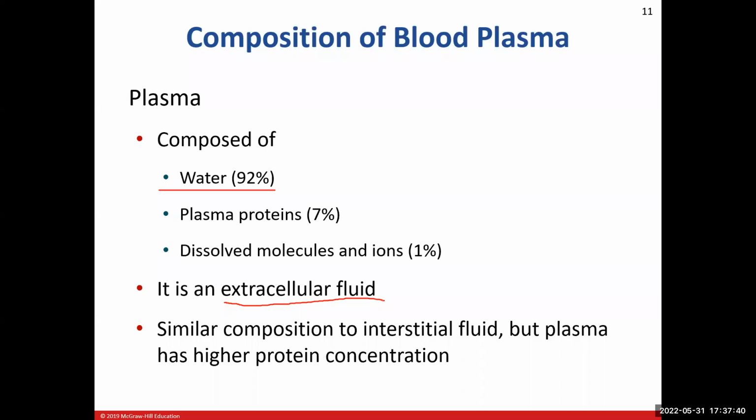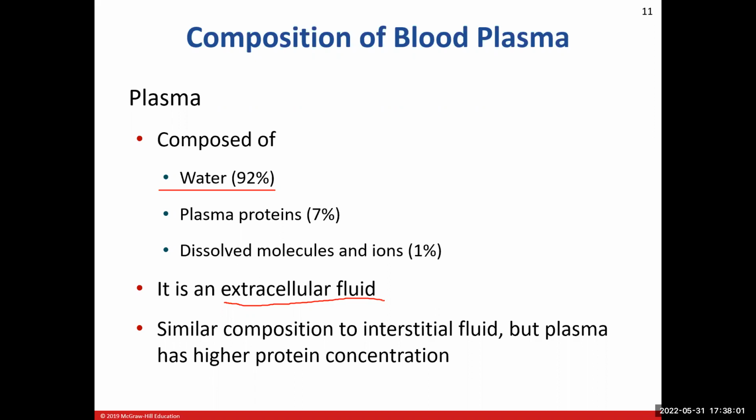If you look at that term, extracellular, that is referring to the fluid that's outside of cells. But there are two compartments when we're dealing with extracellular fluid. One is interstitial fluid. Think of that as the fluid that's found within the tissues. The other compartment is what we're talking about today, the blood, our blood plasma.